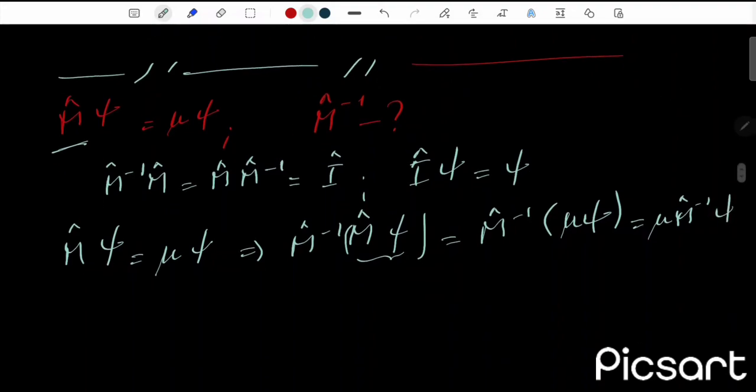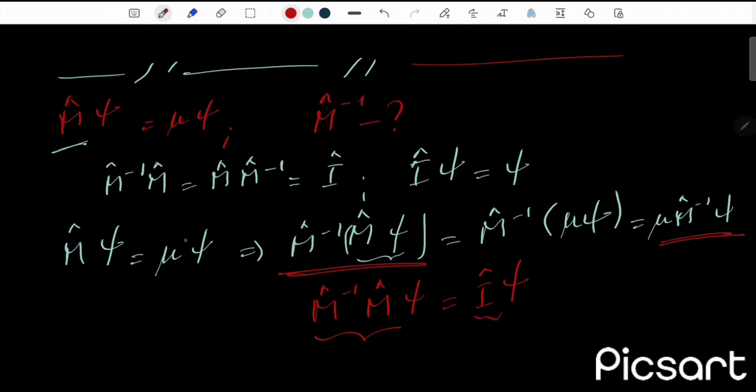On the other hand, we are saying that this action is equal to this result. We also know that the inverse of M times M acting on psi must be equal to the identity acting on psi, because this product is equal to the identity as we can see here.